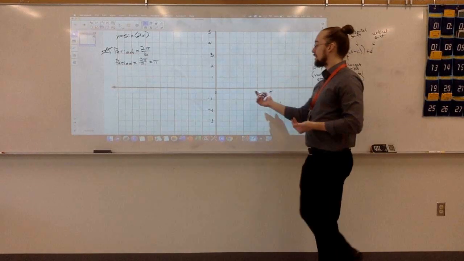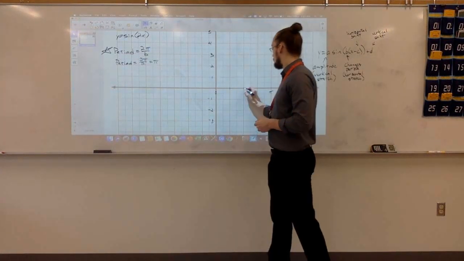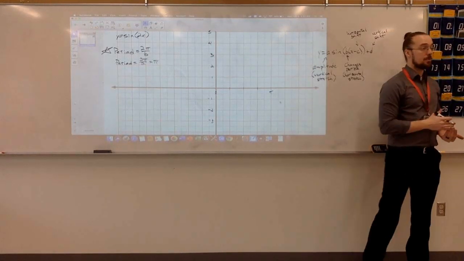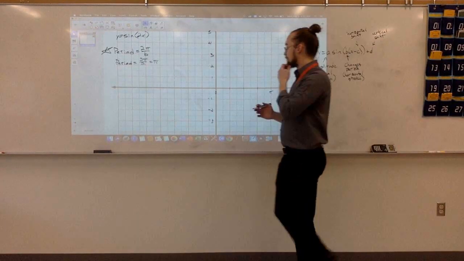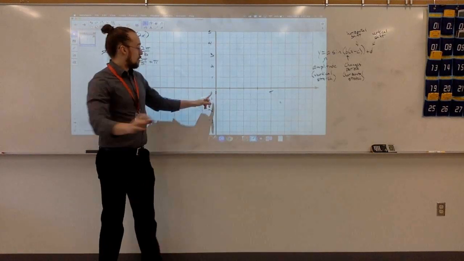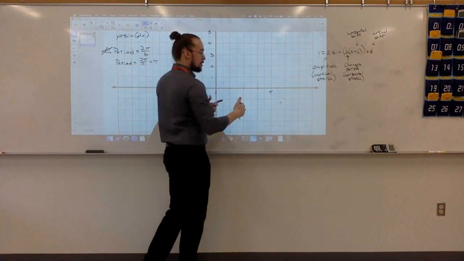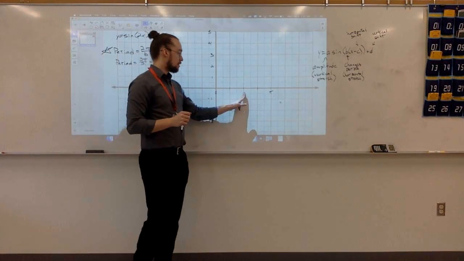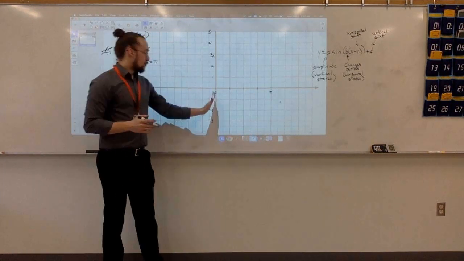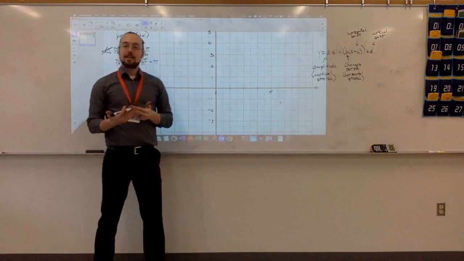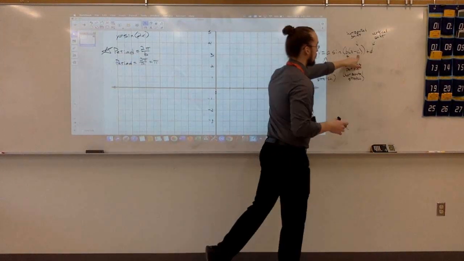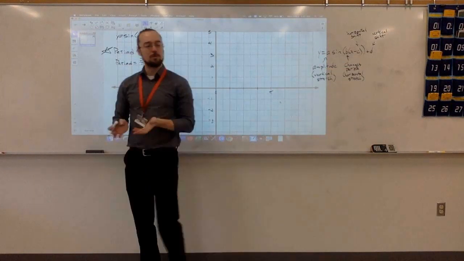And to get my key values then, I want to split that interval up into fourths. I think the easiest way to do that is start by finding the middle point. If we're starting at 0, that's really easy. Once we start looking at where we're shifting left or right, that gets a little bit weirder.